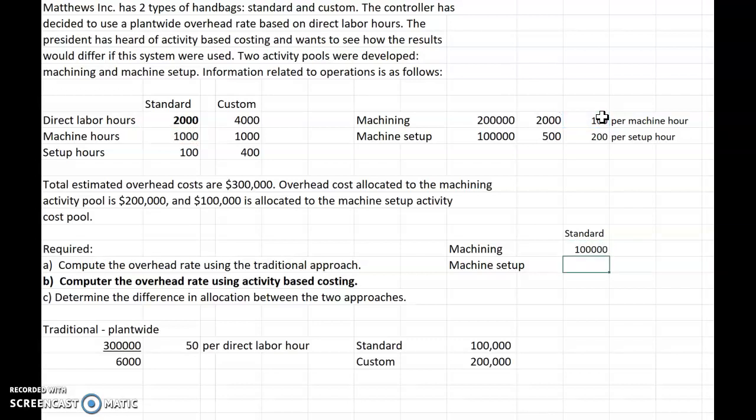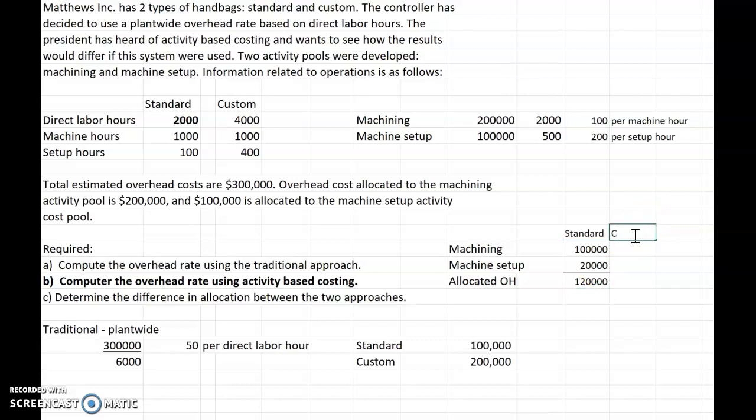For machine setup for standard, we'll take the activity rate of $200 per setup hour, and we'll multiply it by the 100 setup hours that the standard product will use. So the allocated overhead for standard is going to be $120,000. $100,000 for machining plus $20,000 for machine setup.